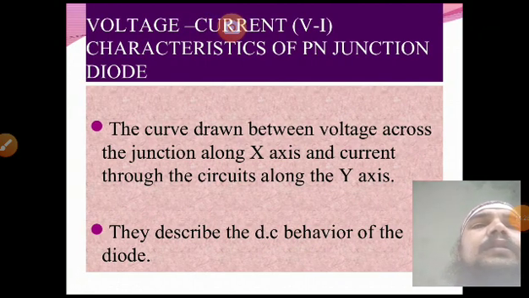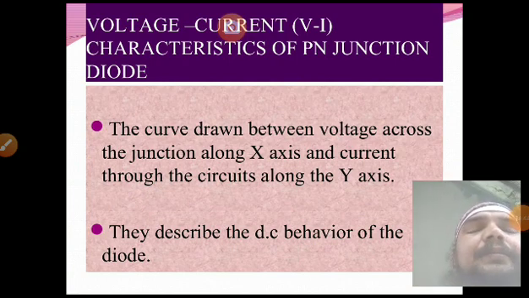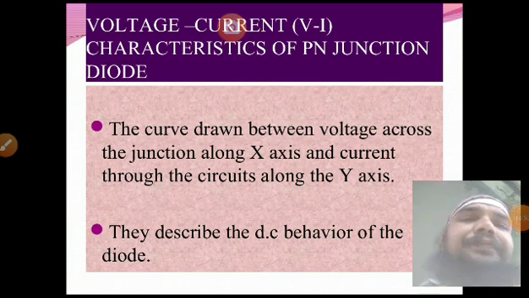Voltage-current characteristics of the PN junction diode. The curve is drawn between voltage across the junction along the x-axis and current through the junction along the y-axis. It describes the DC behavior of the diode.